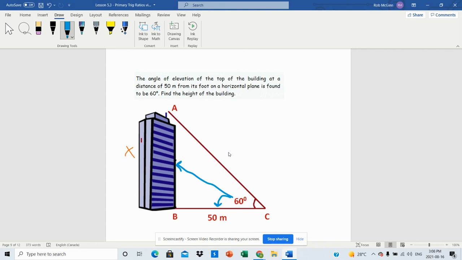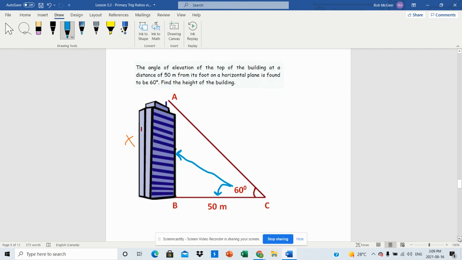Then I could solve for my hypotenuse, but then I'd have to use trigonometry again or the Pythagorean theorem to find out the height of the building. The quickest, most direct route here, because I'm looking for opposite and I know my adjacent, is to use tangent. So I'm going to use the tan ratio to solve this one.